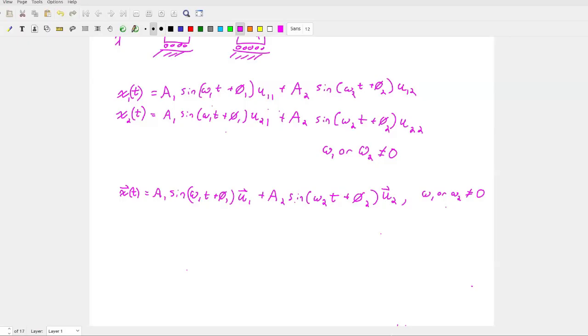Okay, so that brings us into a matrix notation for our system. Again, x vector of t, that's just x1 of t, x2 of t. U vector 1, that's my mode shape, which consists of my elements u11 and u21.